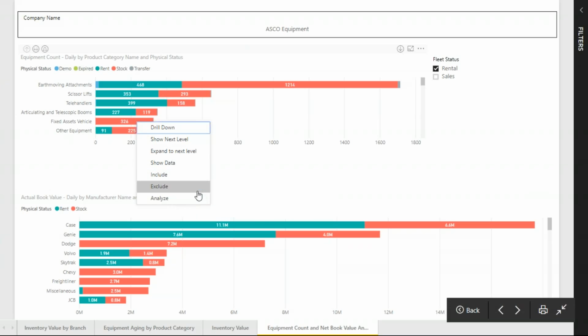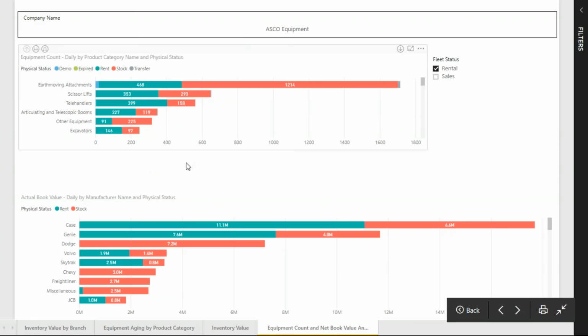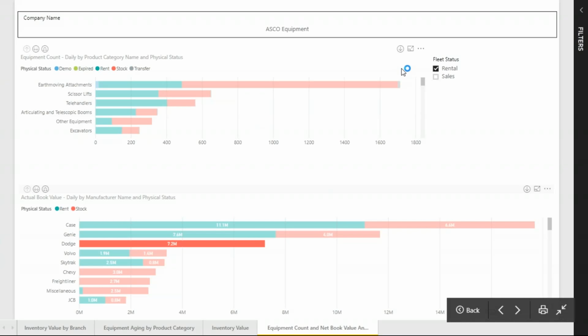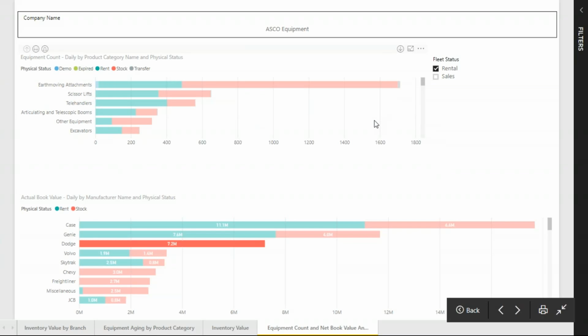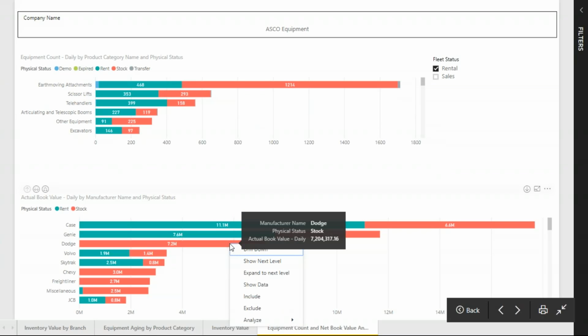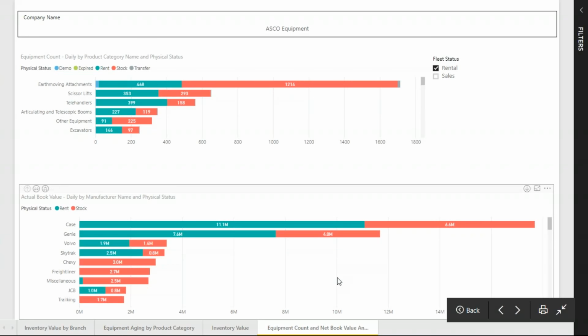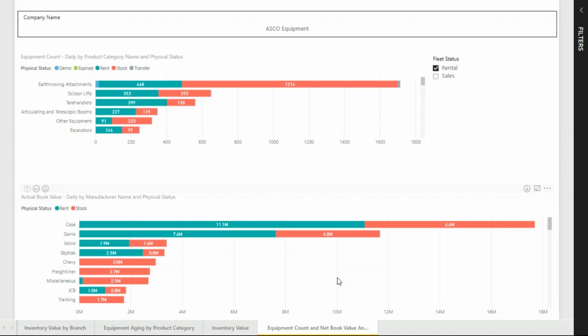Chevy, Freightliner. Yeah. I'll do that. Then you have Chevy.